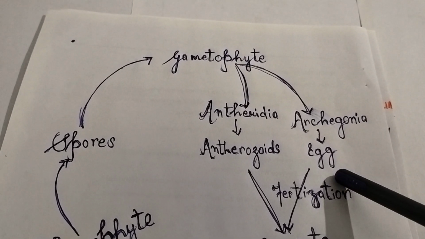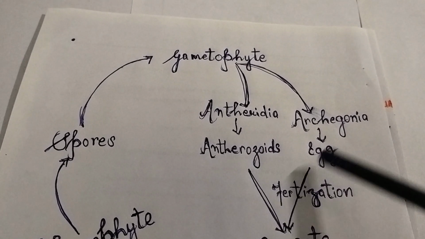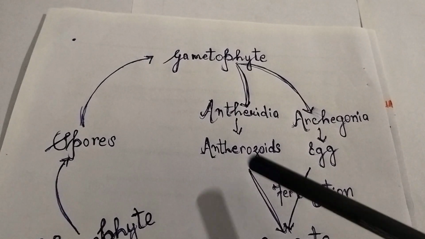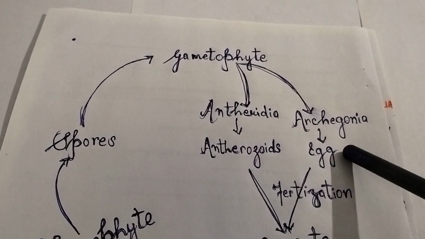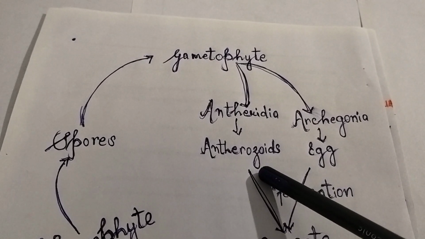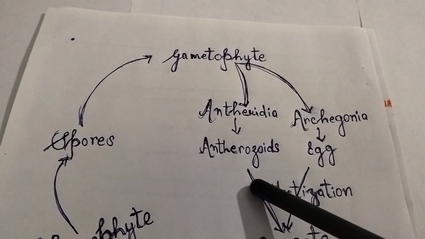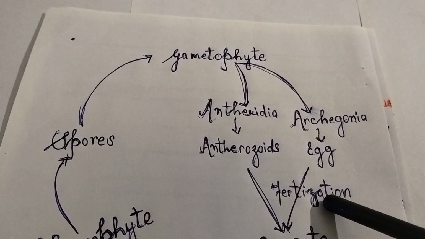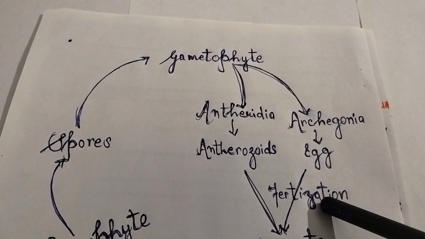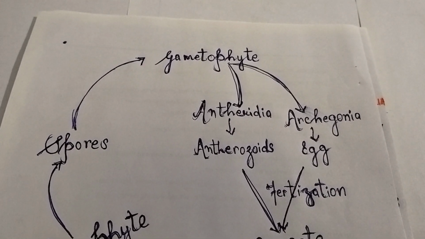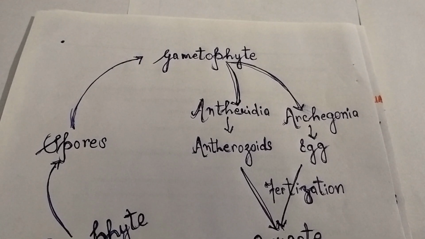Now here the fertilization takes place, fusion takes place. Antherozoid fuses with egg, male gamete fuses with female gamete. Now fusion of male and female gamete, that is fertilization, results in the formation of zygote.